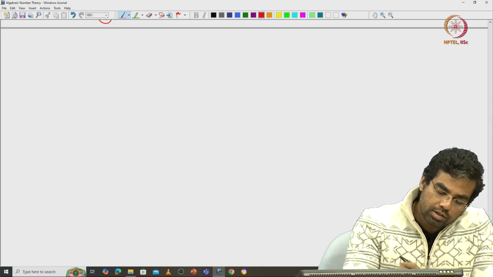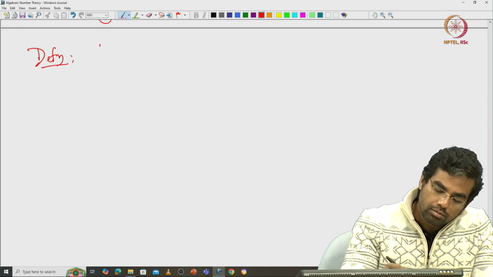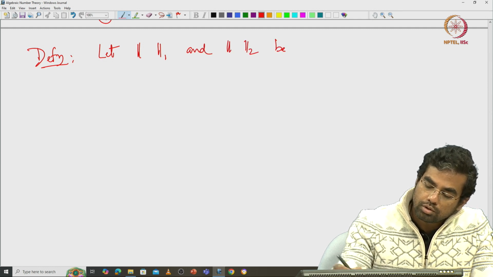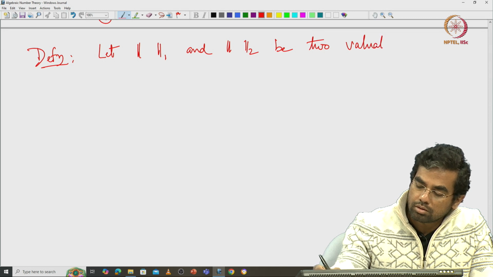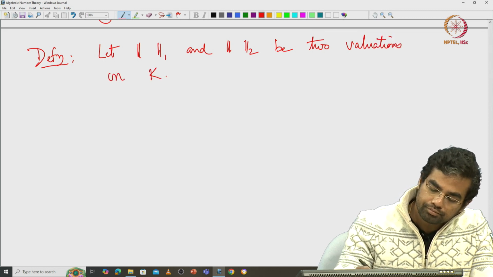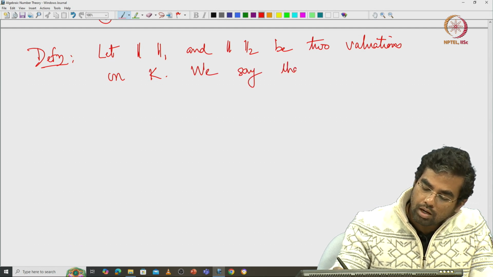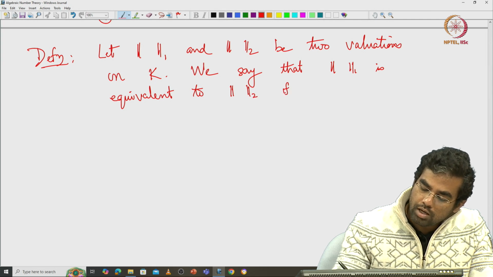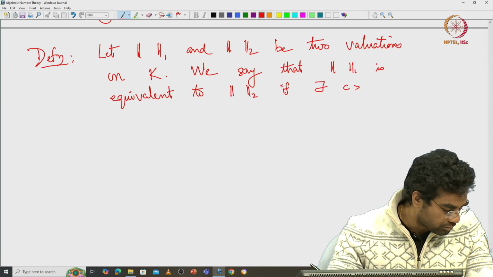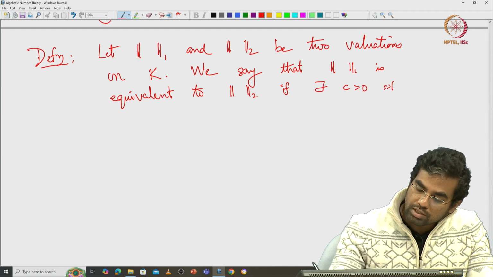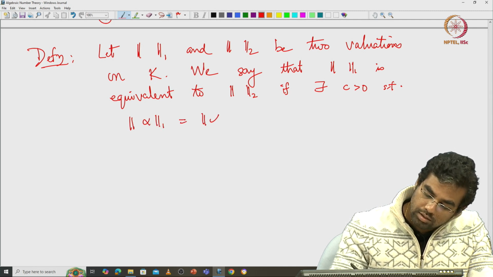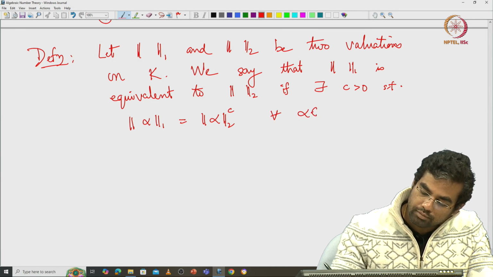So, two valuations: let the valuations sub 1 and sub 2 be two valuations on K. We say that valuation 1 is equivalent to valuation 2 if there exists a constant C bigger than 0 such that the valuation with respect to 1 is the Cth power of the valuation with respect to 2, for all alpha in K. Okay.